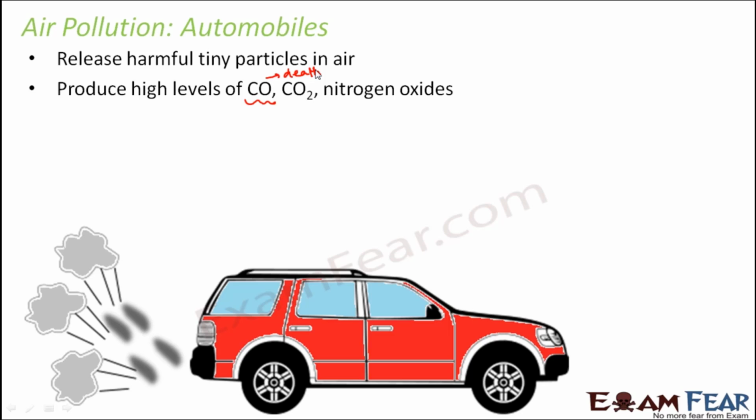So it is very important that oxygen should be able to reach each and every cell of the body. Now when carbon monoxide is present in large amount inside the body, it reduces the oxygen delivery to different parts of the body. So if oxygen is not able to reach different parts of the body, then what will happen? Respiration will not take place. As a result, the organisms will not be able to survive. So that way carbon monoxide is extremely harmful and therefore it leads to death.